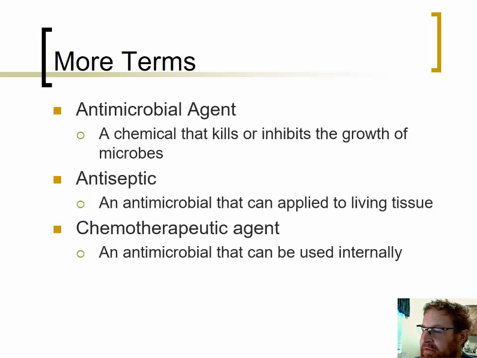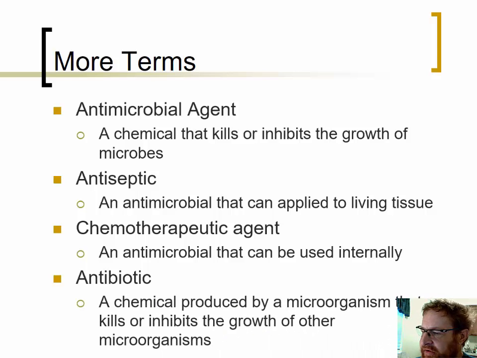Okay, a chemotherapeutic agent is anything that you can use internally. The first things that come to mind are antibiotics, and it's perfectly fine to take an antibiotic internally, and it will kill them.